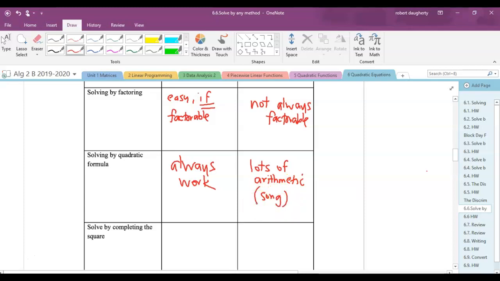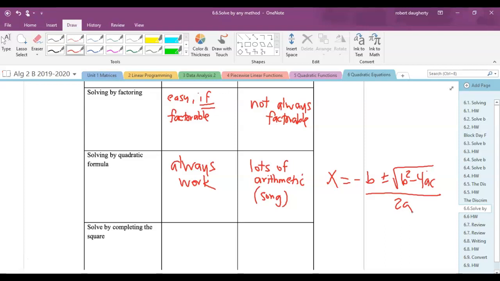What song was that? Pop Goes the Weasel. X equals negative b plus or minus the square root of b squared minus 4ac all over 2a. I like the one with the French. Okay, you can do that one then.